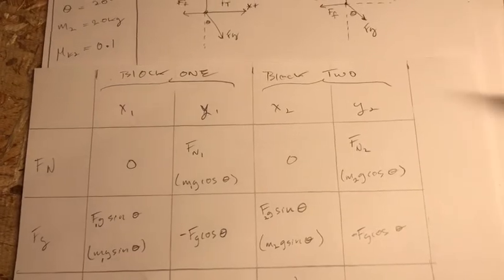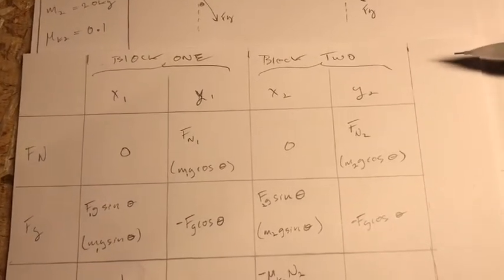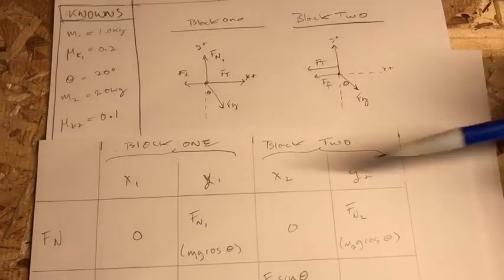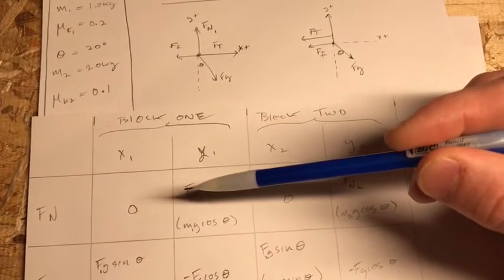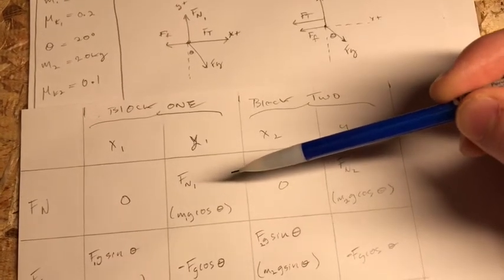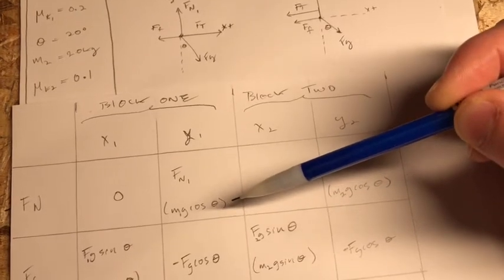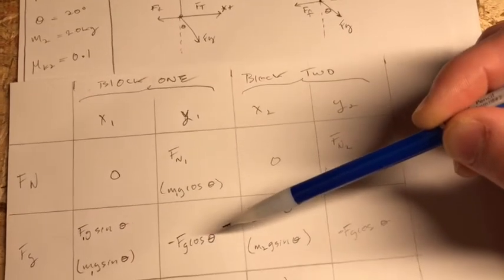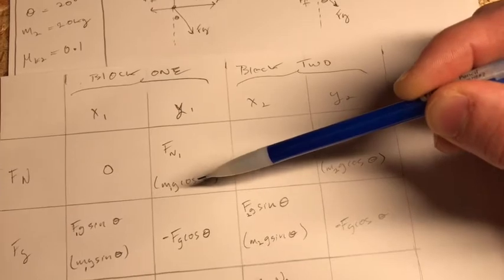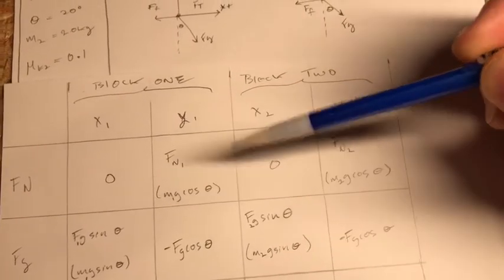So this is our force diagram we're going to fill out. So Fn for block 1 in the x direction is 0, and it'll just be Fn for the vertical direction, and we'll redefine that as the opposite of our gravitational force, which will be mass times gravity times cosine theta.